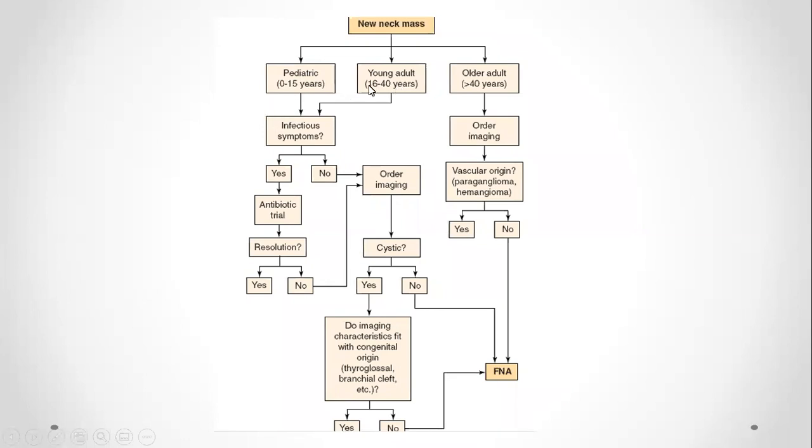So if we think the swelling is due to infection, like the patient has a temperature, pain, or any signs of inflammation on the swelling, we should start with antibiotics. These are self-limiting conditions. It resolves after 4 or 5 days of taking antibiotics.